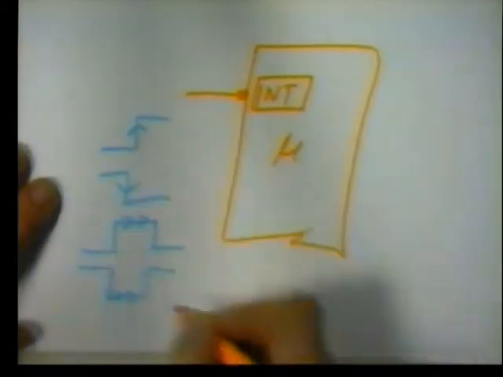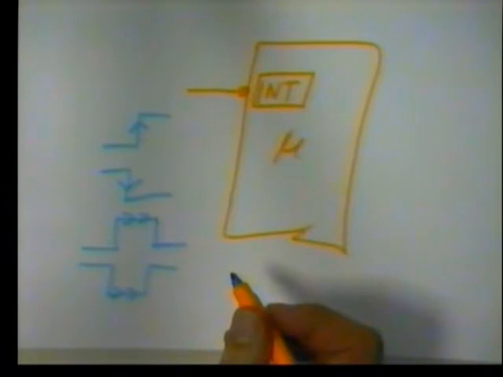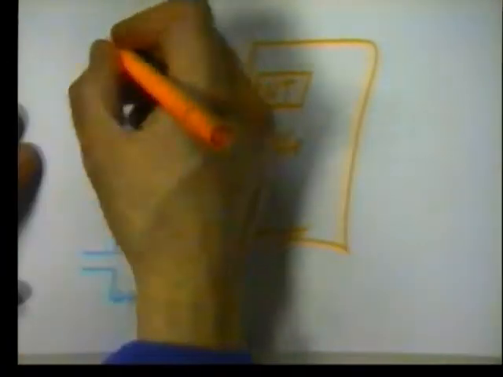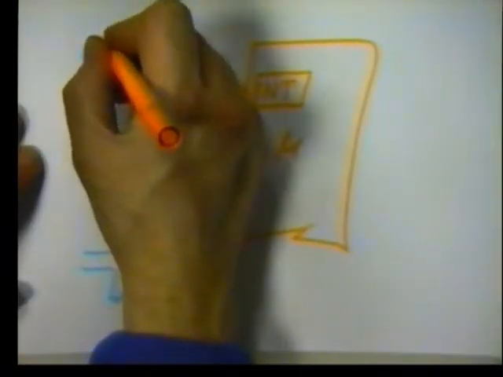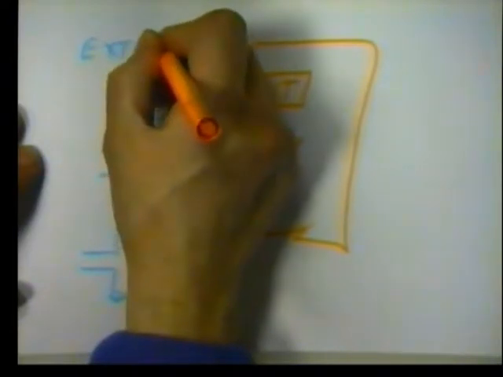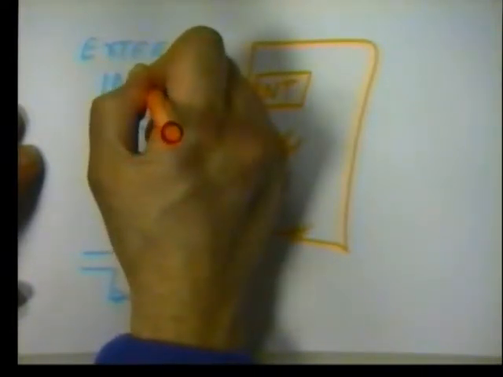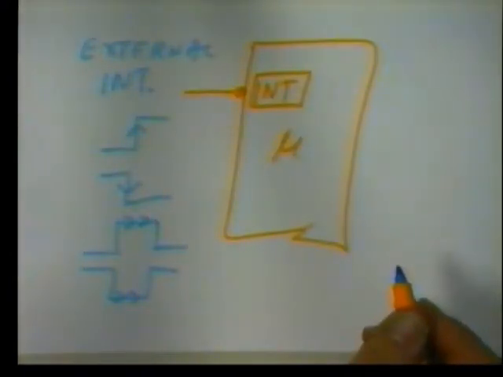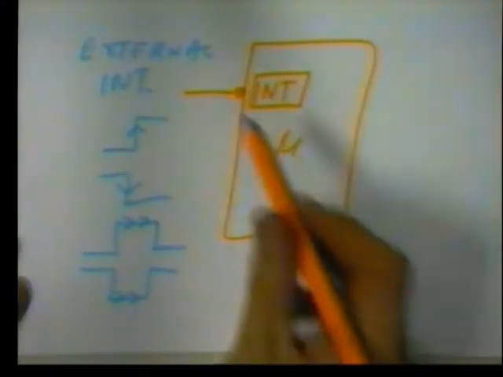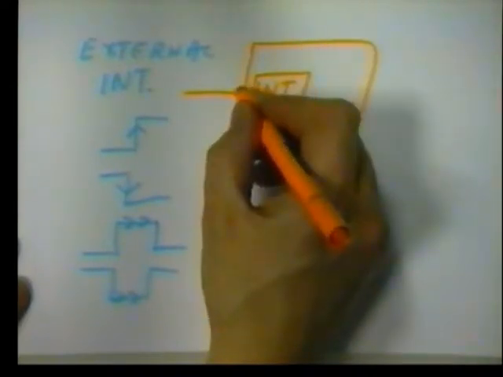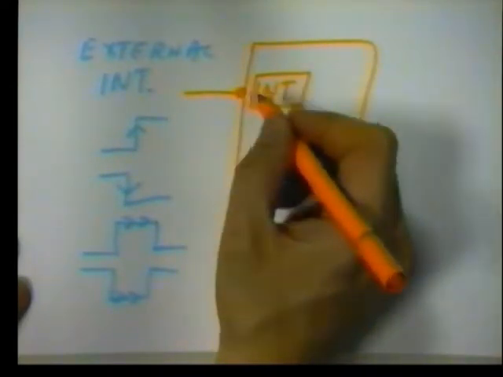These are the 4 different types of external interrupt you can get, and this is the generic name for them all. External interrupt. I'm not going to spell out interrupt in full every time, you can get it out of the book. An external interrupt is a pin on the processor, and all processors have an interrupt pin. It's essential.